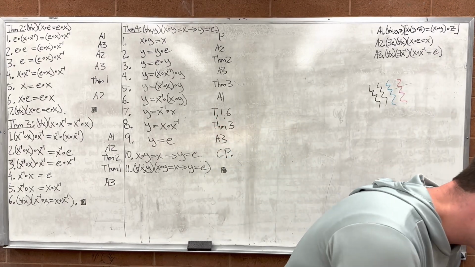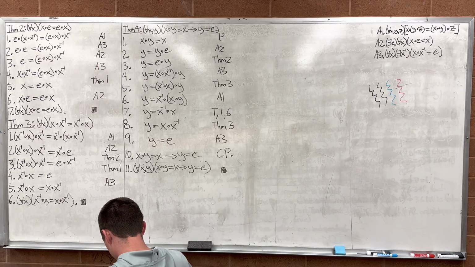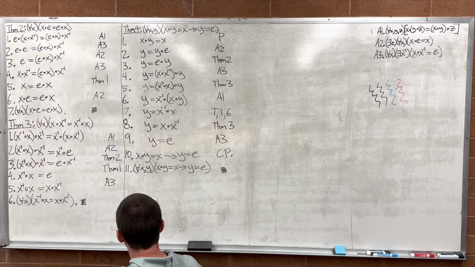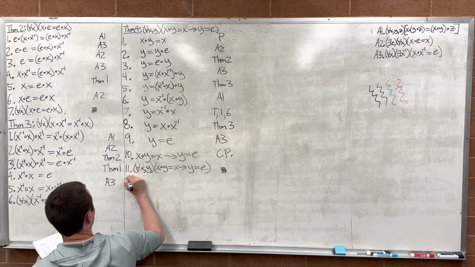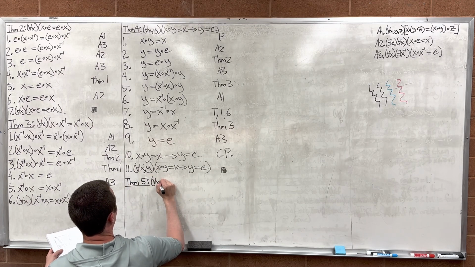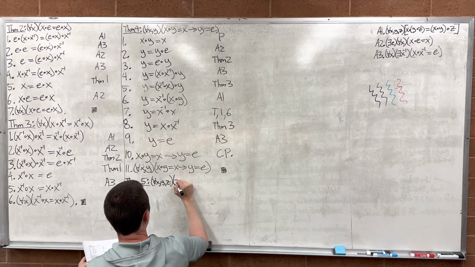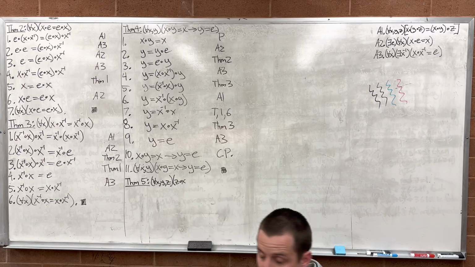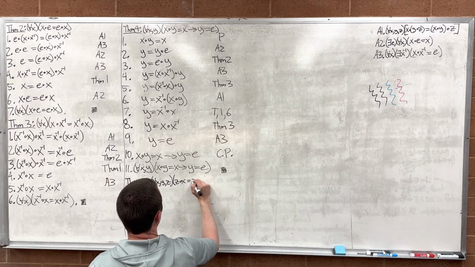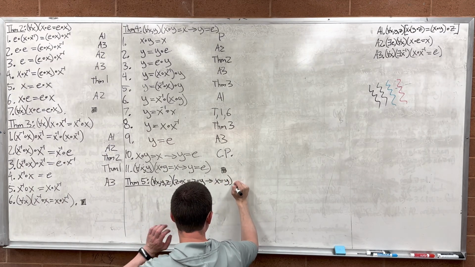Theorem 5. Okay, theorem 5 is now our left-hand cancellation. So theorem 5 is for all x, y, and z, if z compose x is equal to z compose y, then x is equal to y, right?